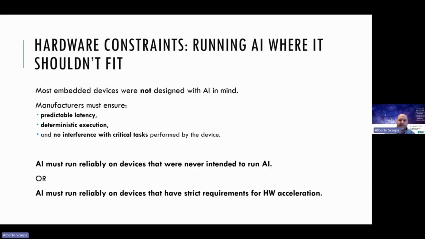And this means that deploying a neural network, an AI algorithm, is not simply copying the model to the device and running the inference on the device. The manufacturer must ensure, for example, deterministic latency and execution, and no interference with the critical tasks that are performed in the device.